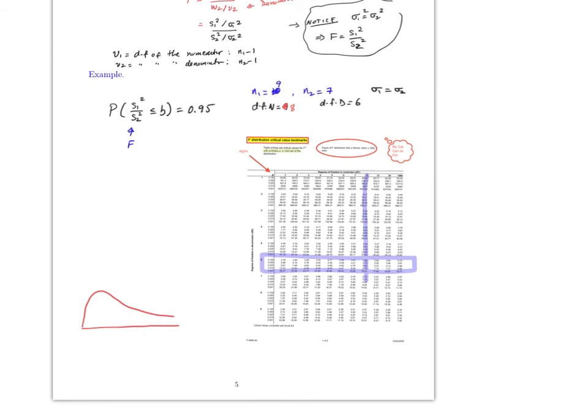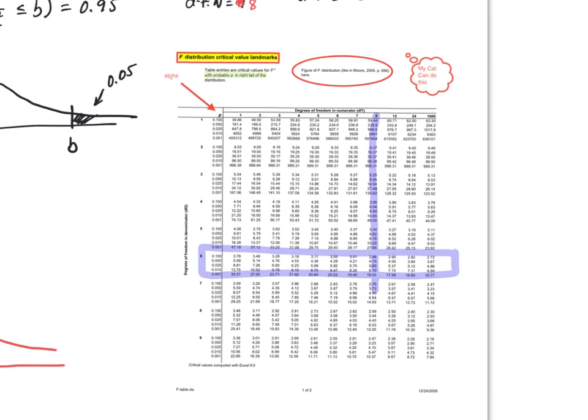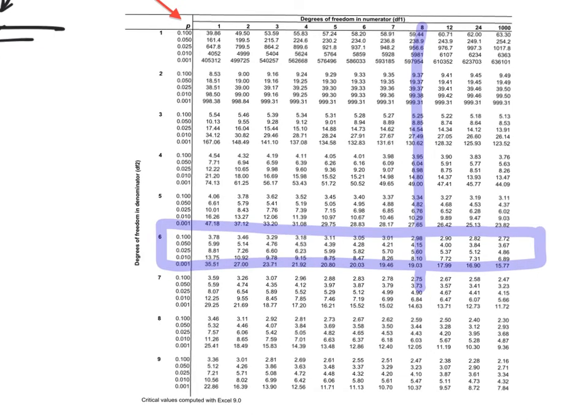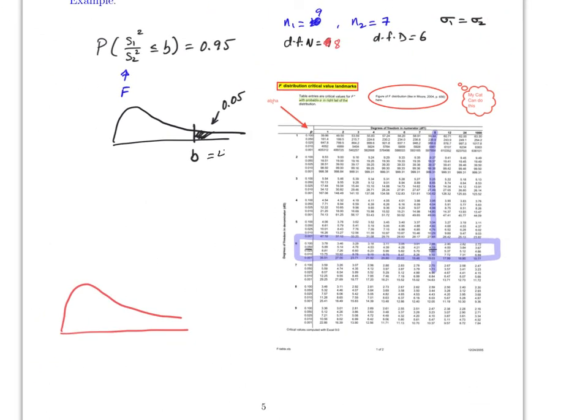In our particular case, we want the area to the left to be 0.95, so that means this one has to be 0.05. So just look for 0.05 in here, which is this value. So the number will be 4.15.